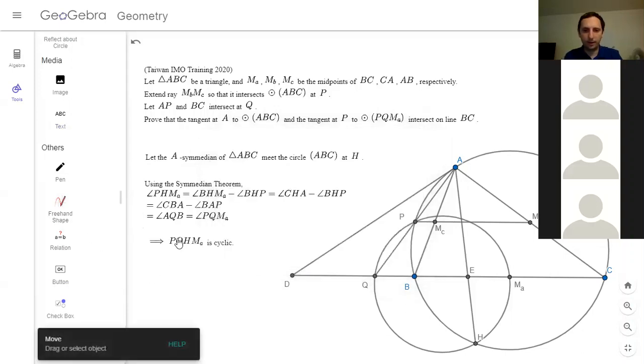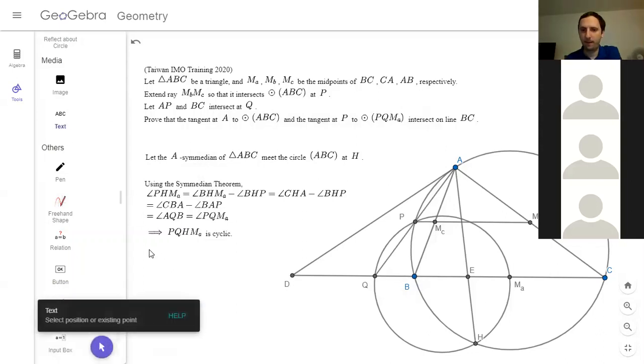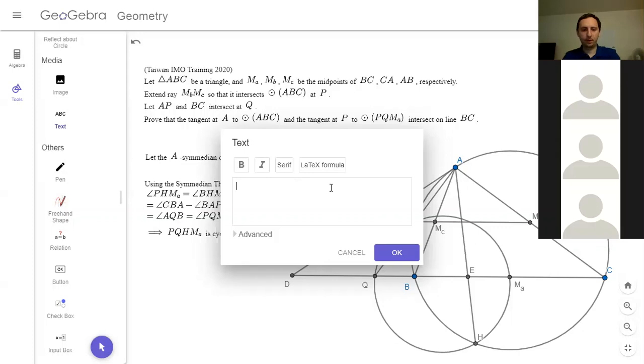And once we know that, then we have that AB, AH, AC are in harmonic conjugation. So AH is a symmedian.